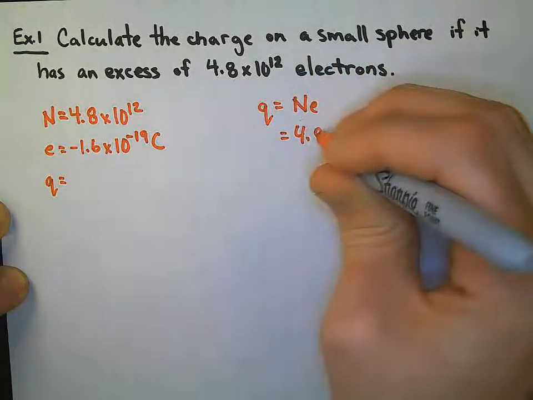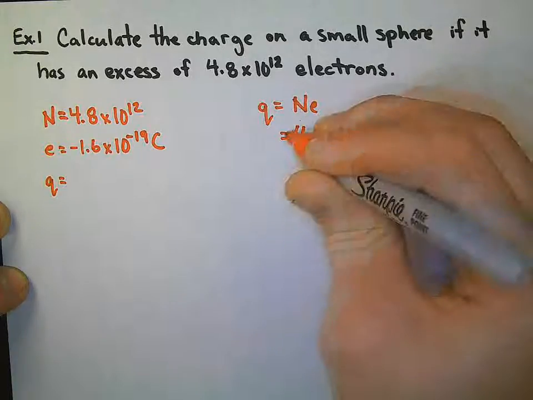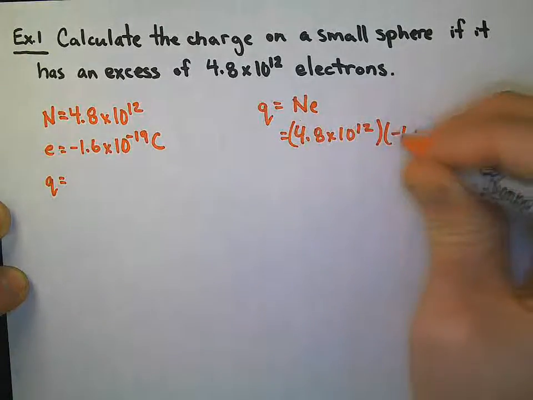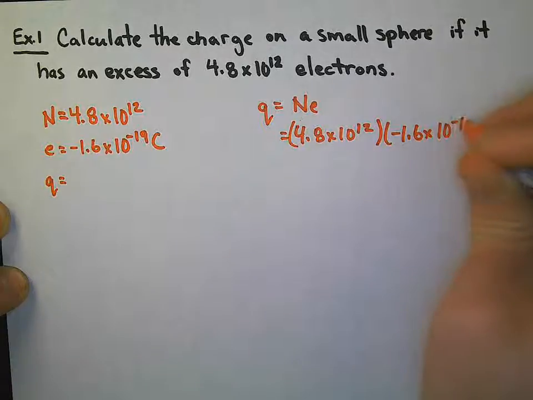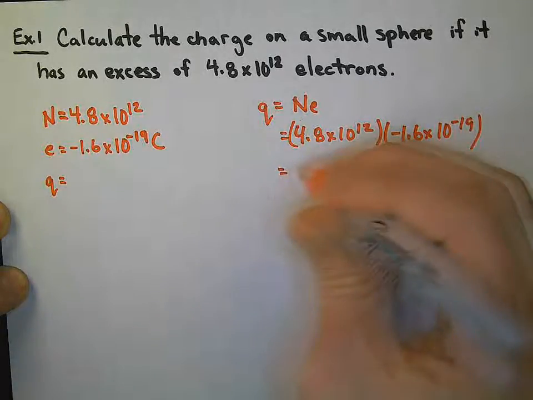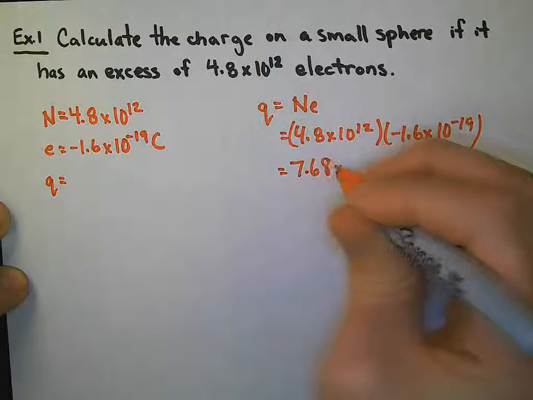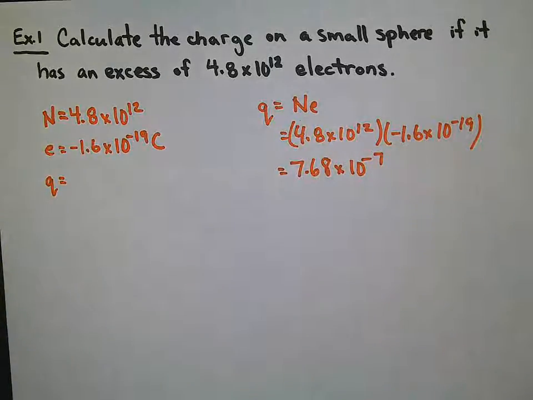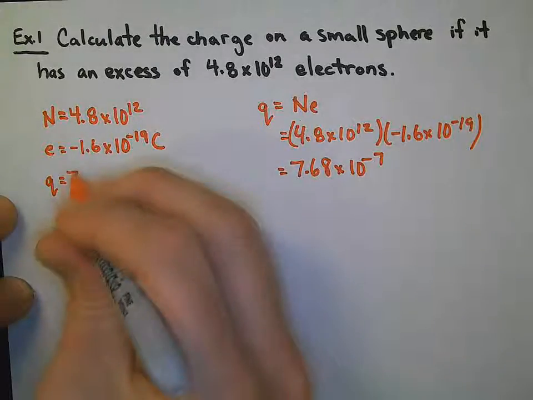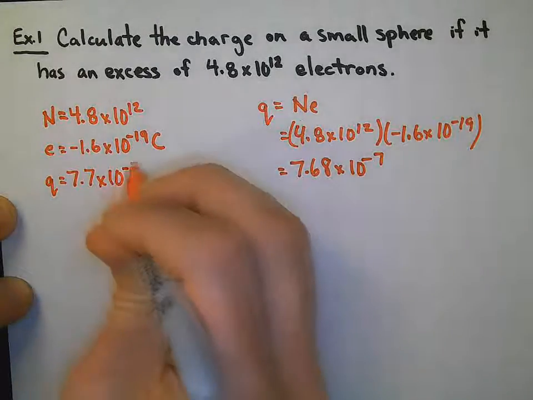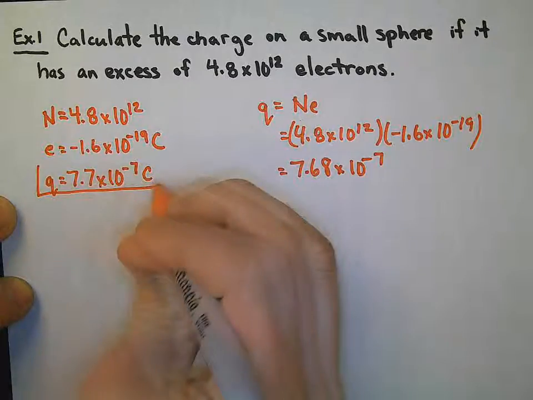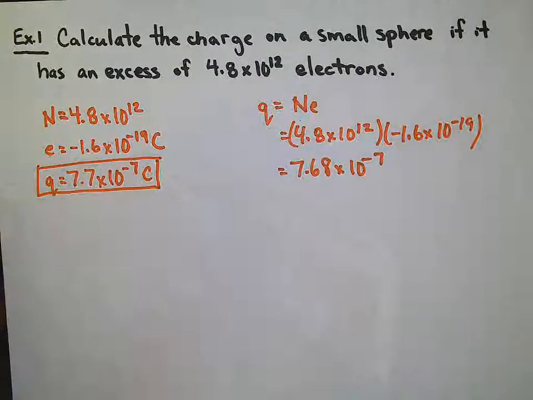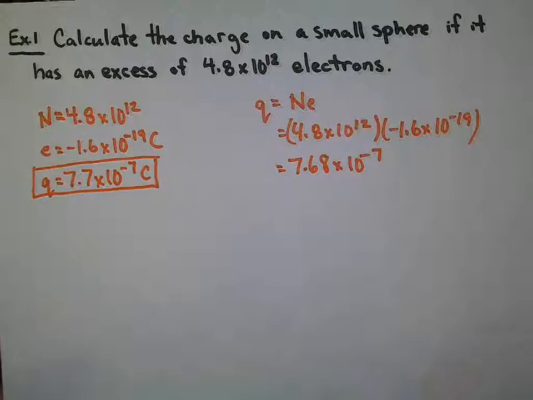So 4.8 times 10 to the 12th multiplied by the elementary charge, and that is 7.68 times 10 to the negative 7. And in this case, to two significant digits, 7.7 times 10 to the negative 7 coulombs. A very basic problem that we might have to do sometime.